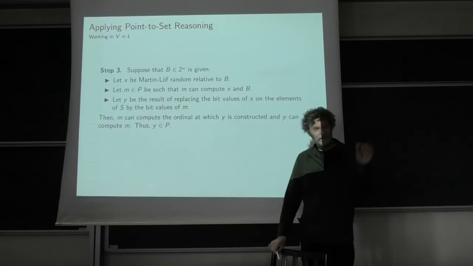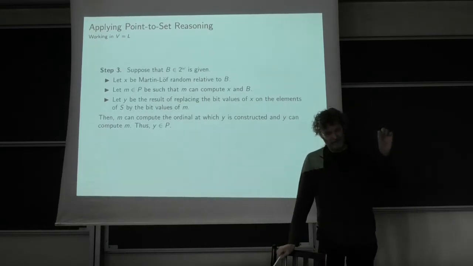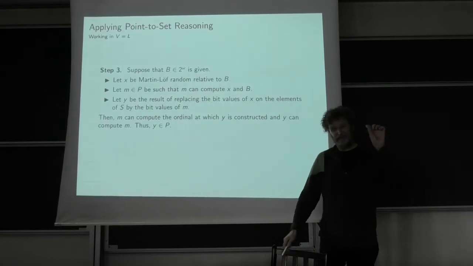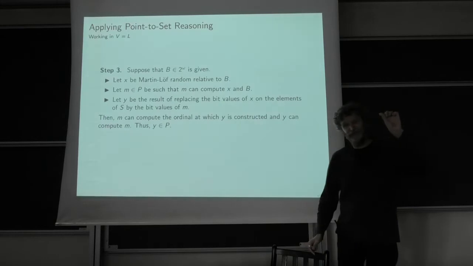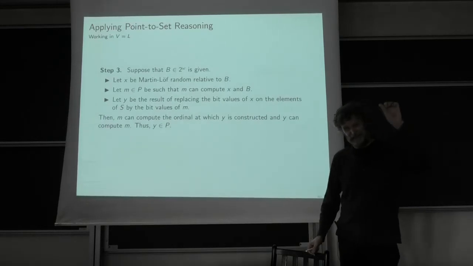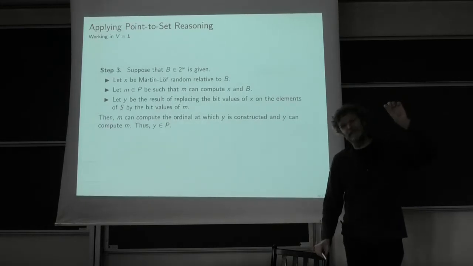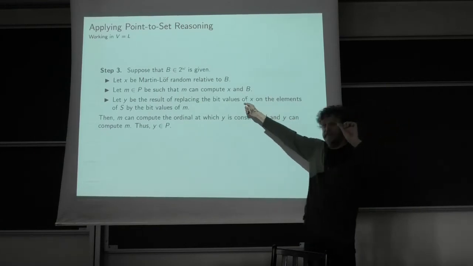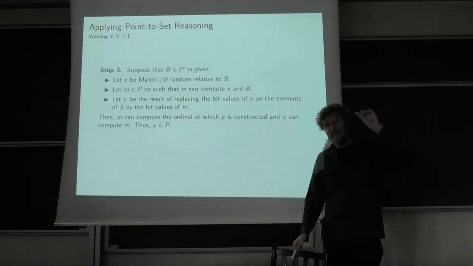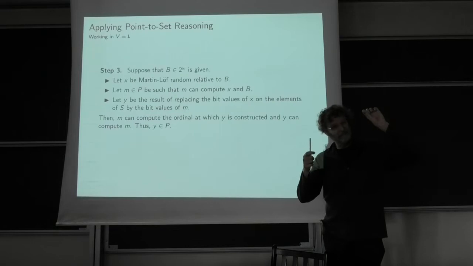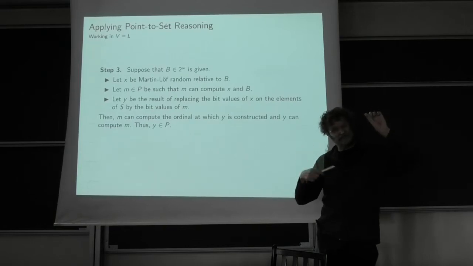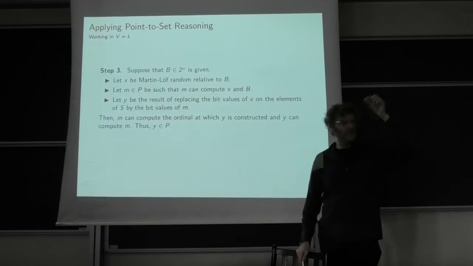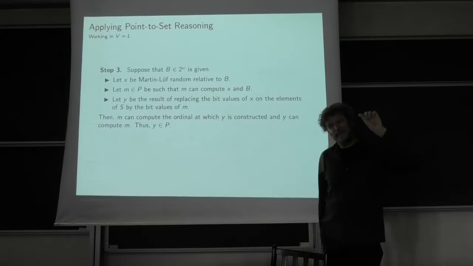Now M can compute the ordinal at which M is constructed. At that ordinal, M can assemble itself. But M can compute X and B, so M can assemble Y. So the ordinal at which M is built is the same as the ordinal plus 1, say, at which Y is built.